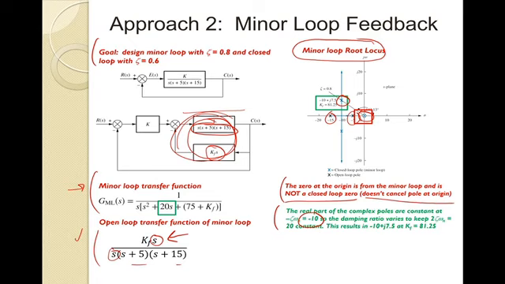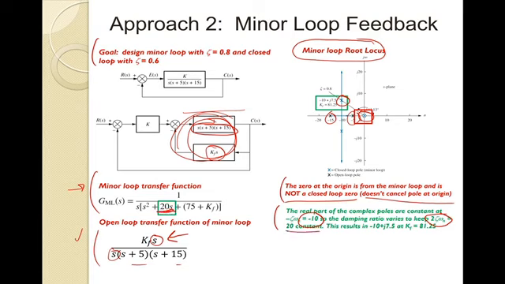And so the damping ratio will have to vary, because remember, in my general characteristic equation, s squared plus 2 zeta omega n times s plus omega n squared, I'm really looking at this term, 2 zeta omega n, and that equals 20, which is a constant.